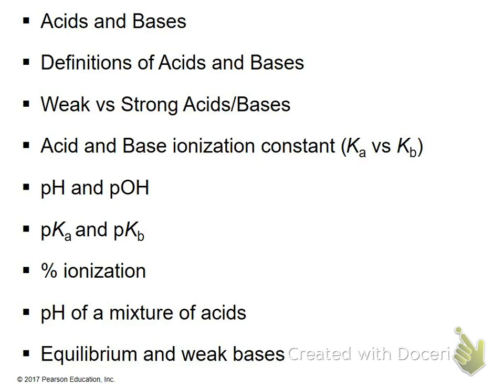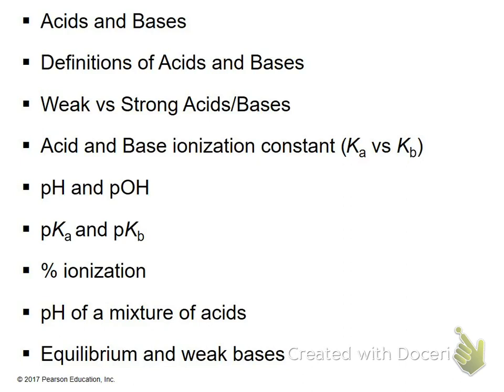We also learned about different types of acids and bases. There are weak acids and bases. There are also strong acids and bases. And there are several ways we can determine the strength of these acids and bases. One is looking at their ionization constant.